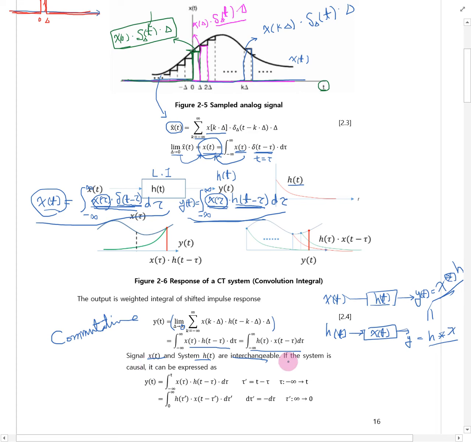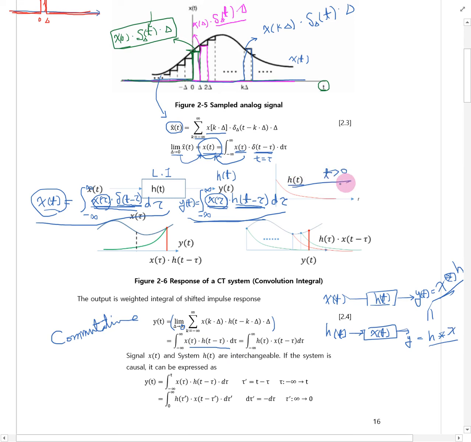And the next one is if a system is causal. Causal means that the impulse response only occurs for positive times. It means that h(t) is non-zero if t is positive.